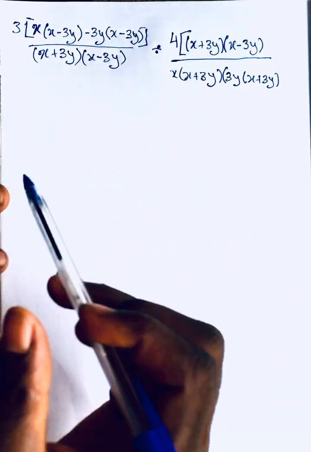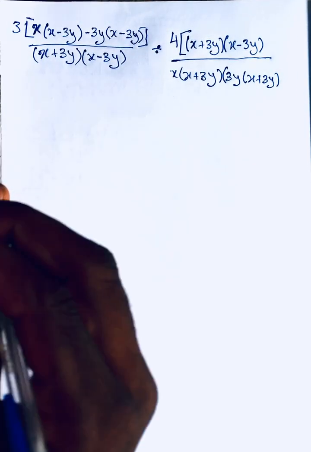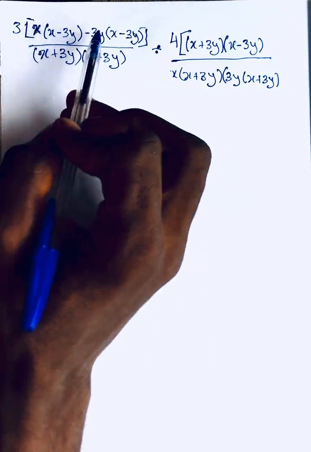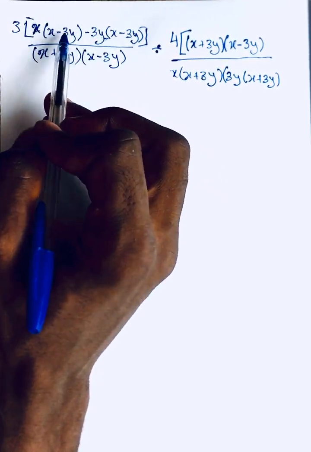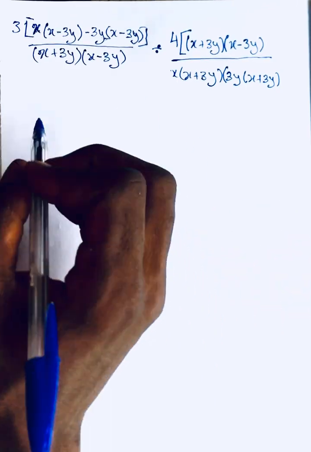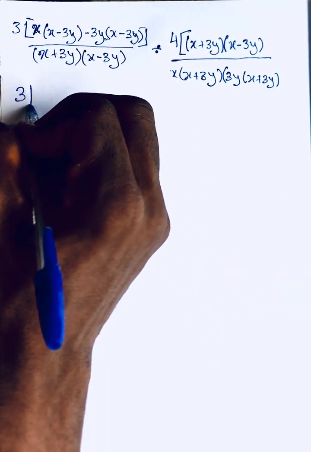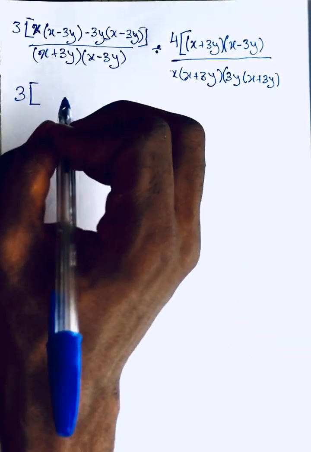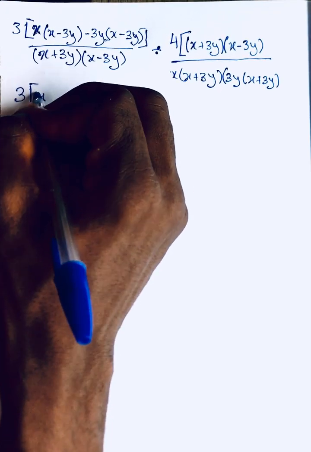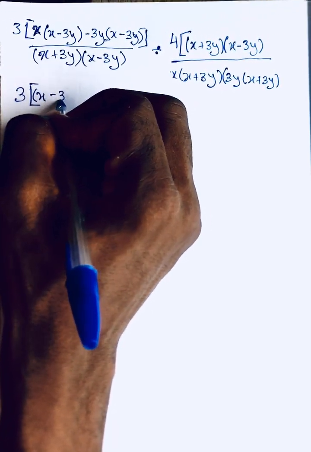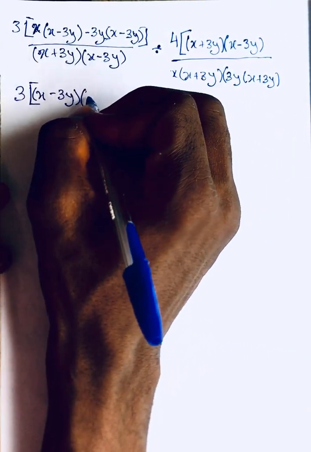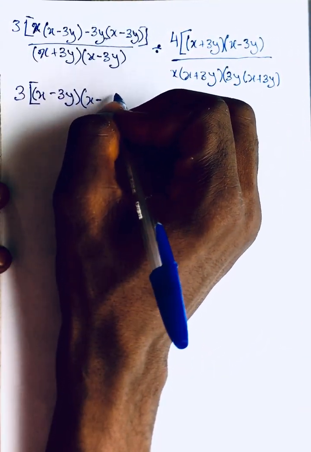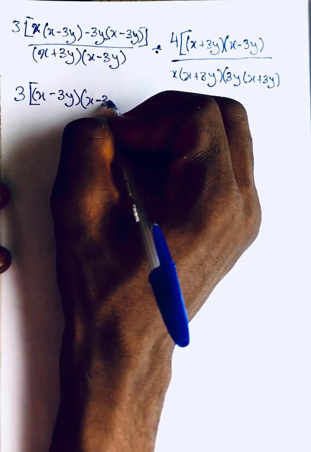So in this case, we are going to add the terms that are outside the bracket, then bring the bracket. Then we have 3. Let me be fast a bit. We have 3x minus 3y into bracket x minus 3y.